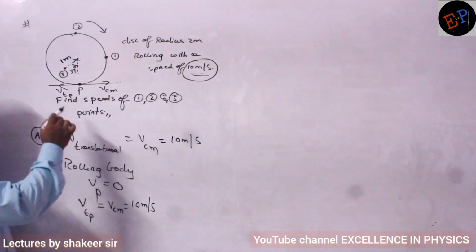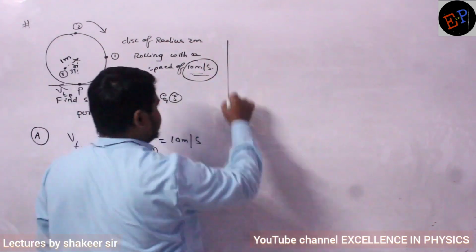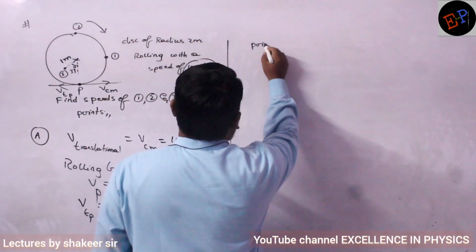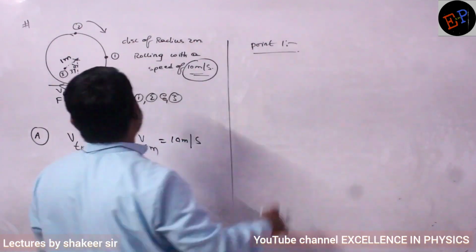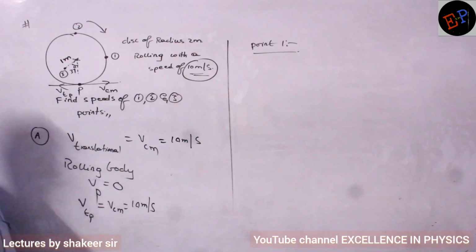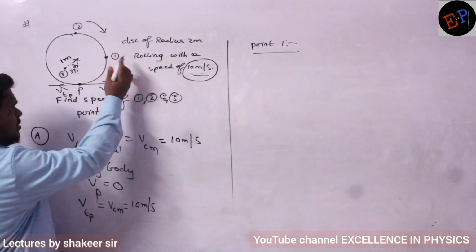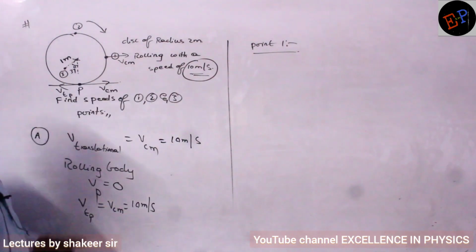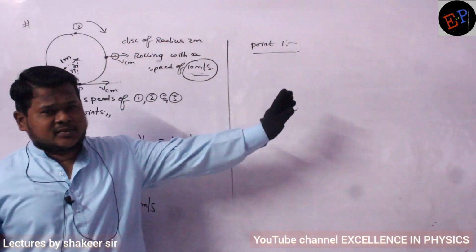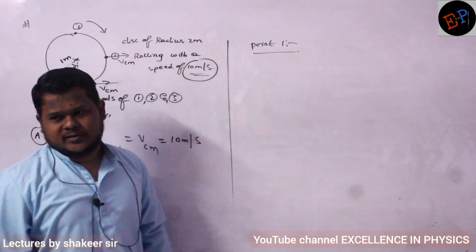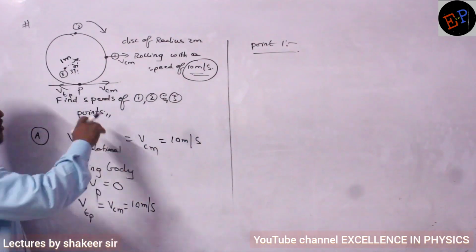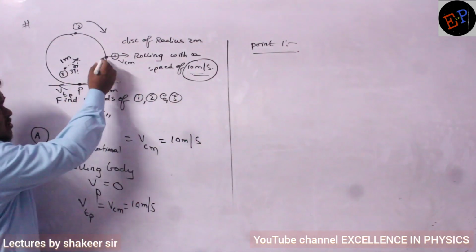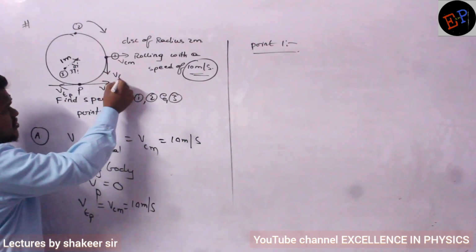So now let us take point number 1. Clear? At point number 1, how many velocities will be there? Again 2 velocities. Velocity of center of mass will be in this direction, as the disc translates. It means every point is moving in a straight line. Clear? Similarly, the disc is rotating also, no? So because of rotation, point number 1 will have tangential velocity.